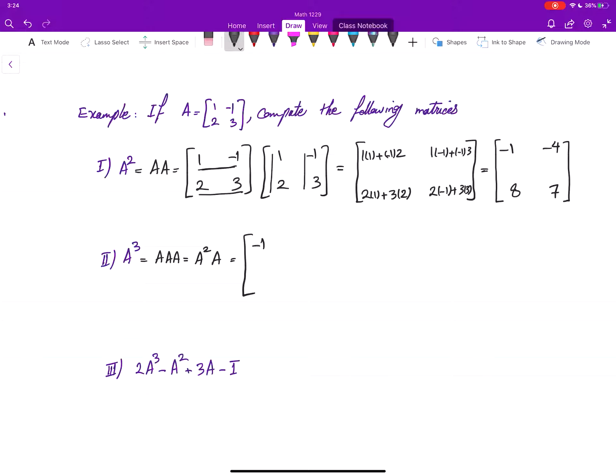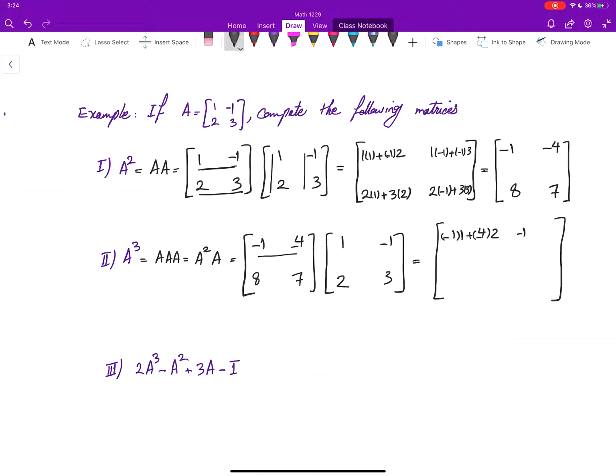So it will be negative 1, negative 4, 8, and 7, multiplied by the matrix itself: 1, negative 1, 2, 3. This gives us first row, first column, negative 1 times 1 plus negative 4 times 2.